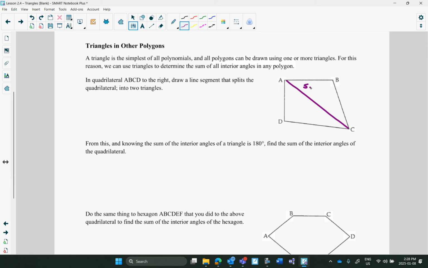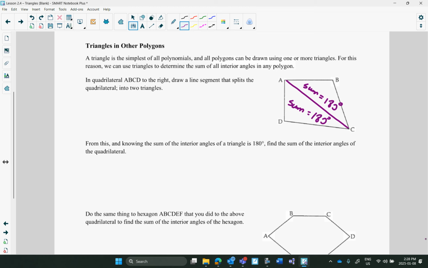What's the sum of the angles here? In this triangle? What's the sum of the angles in any triangle? 180 degrees. What's the sum here of this triangle? The same. So what would be the sum of all of them in the four-sided shape? 360.